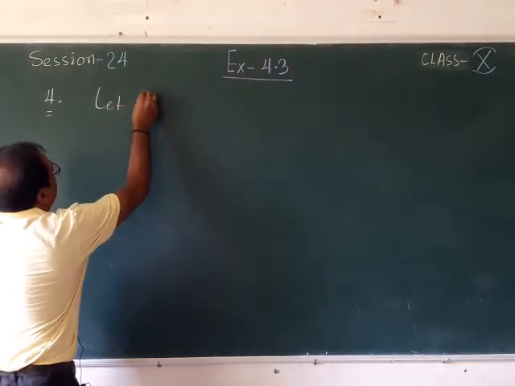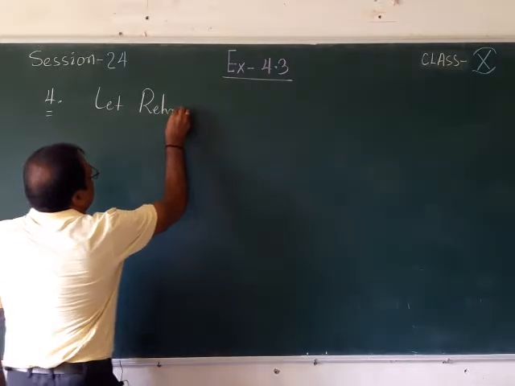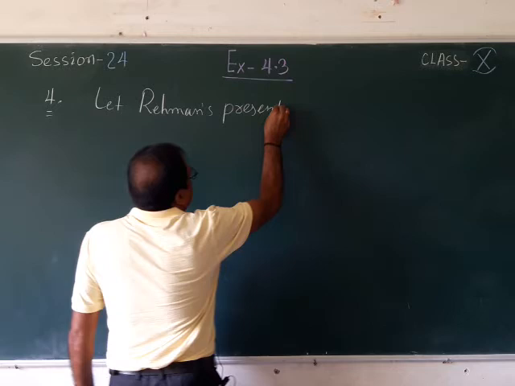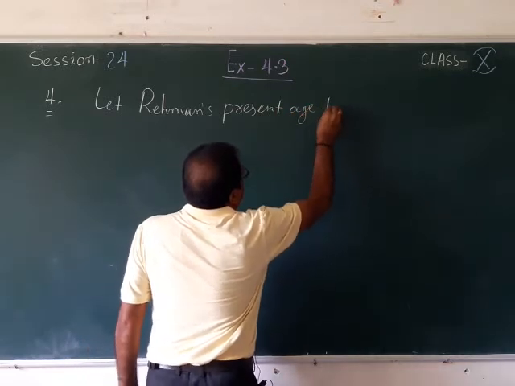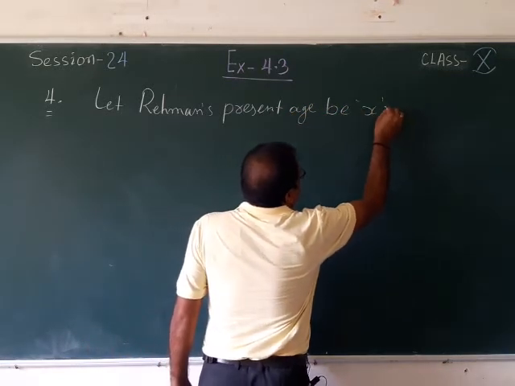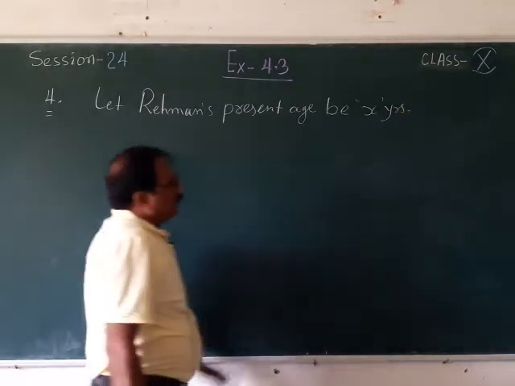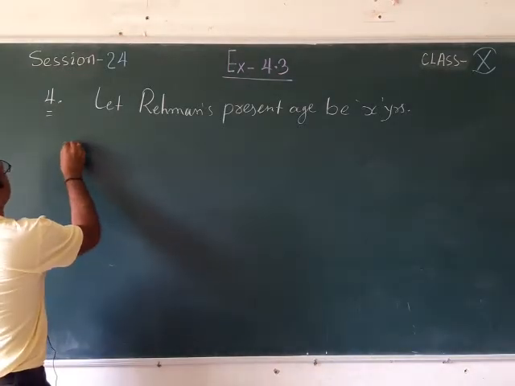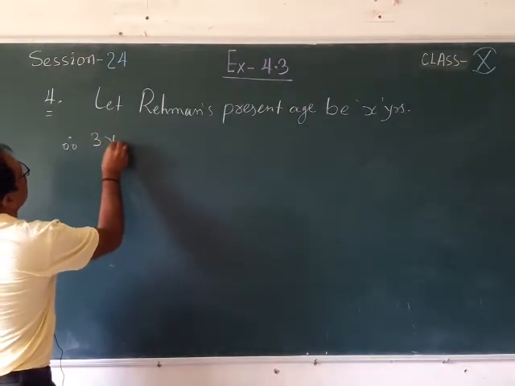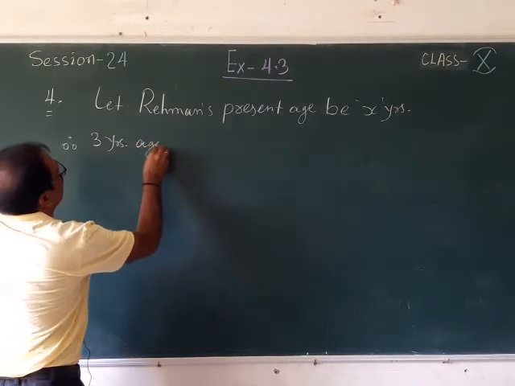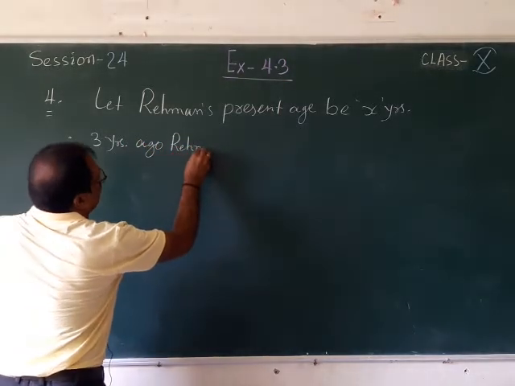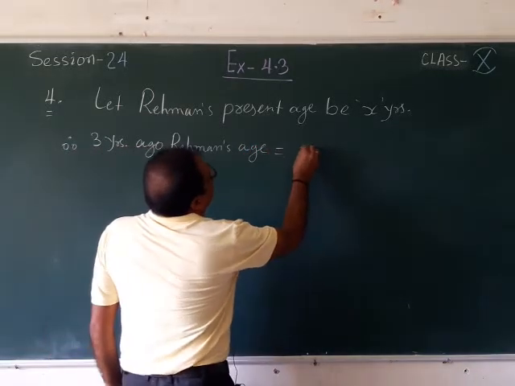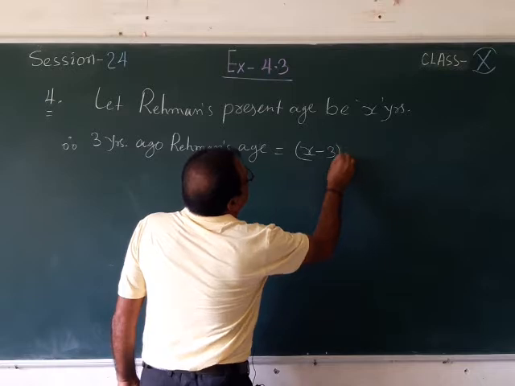So how to write the statement for this question? Let Rahman's present age be x years. I am going to take Rahman's age as x years. Therefore 3 years ago, Rahman's age will be x minus 3 years.